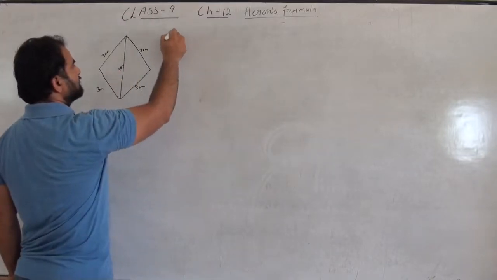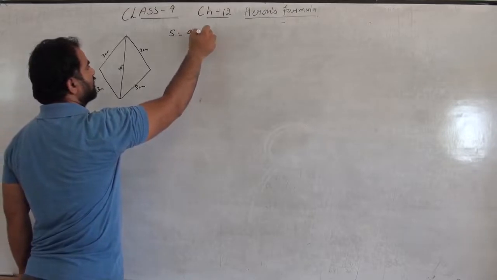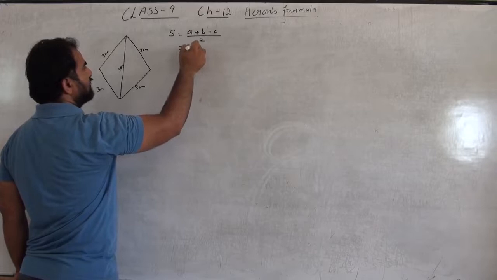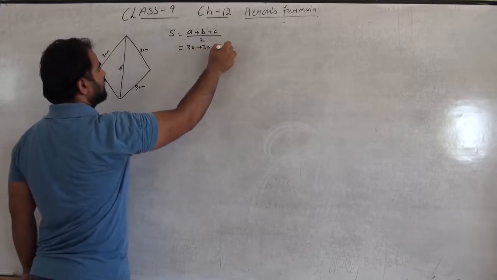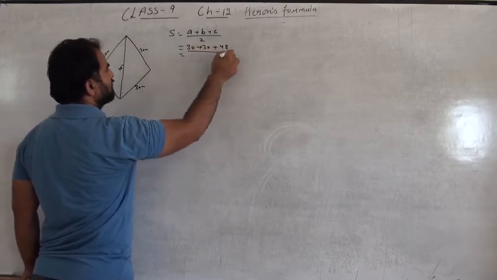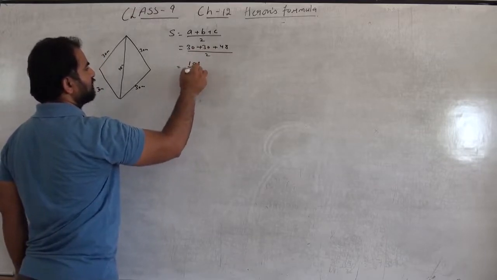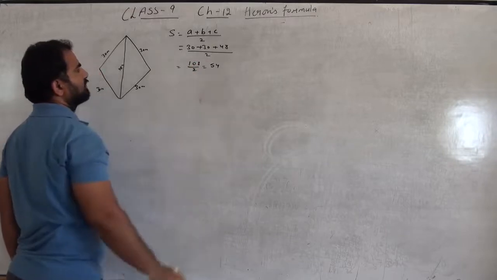So S equals (A plus B plus C) upon 2 equals (30 plus 30 plus 48) upon 2 equals 108 by 2 equals 54.